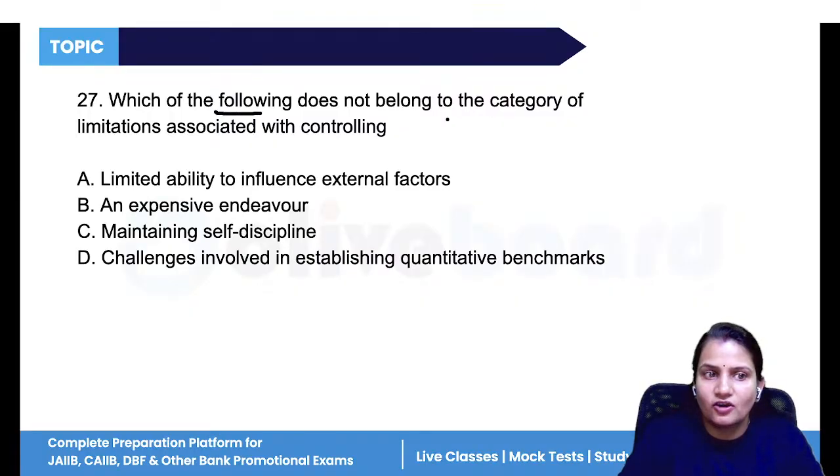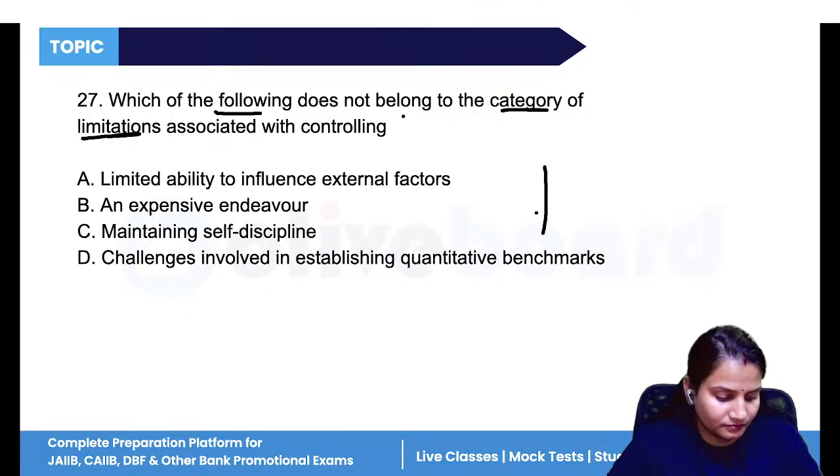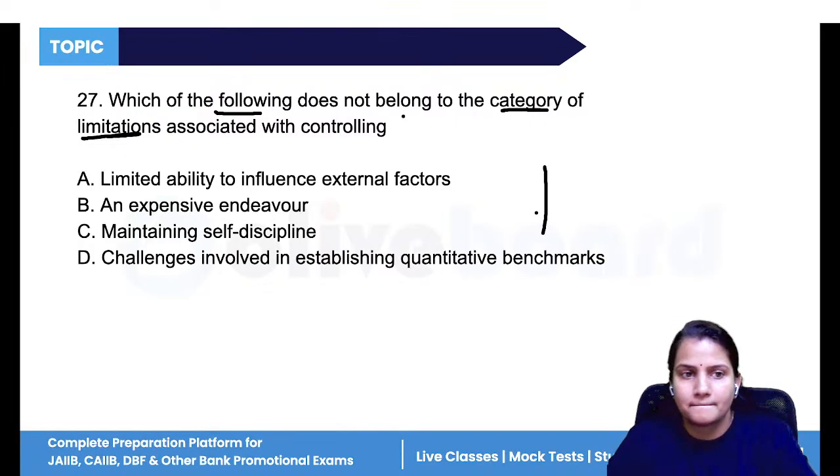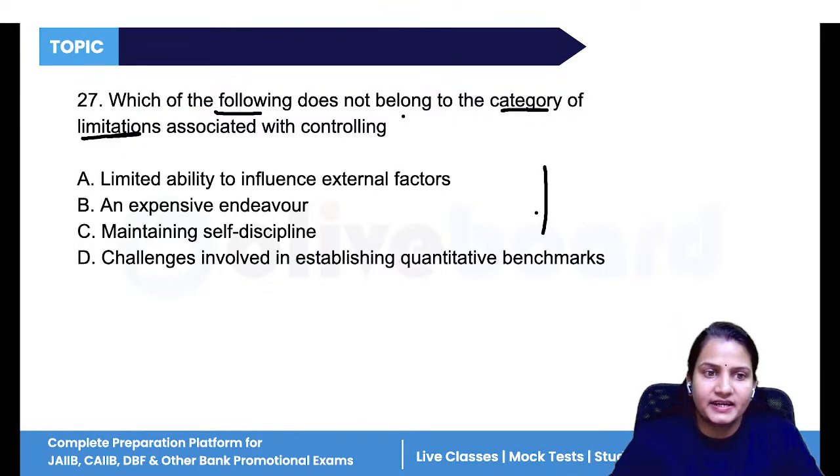Which of the following does not belong to the category of limitation? Yes, it's C. Limited ability to influence external factors. Yes, just now we have seen that we cannot control external factors, so it is a limitation of controlling. Expensive endeavor.